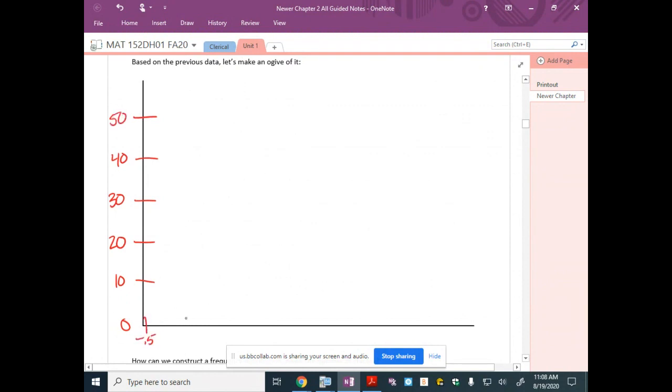So negative 0.5, 99.5, 199.5, 299.5, 399.5, and then 499.5.